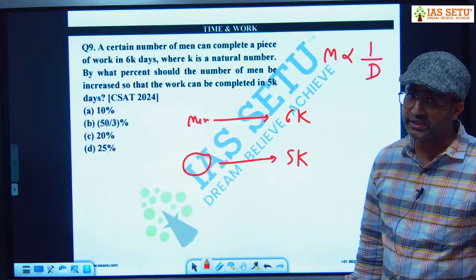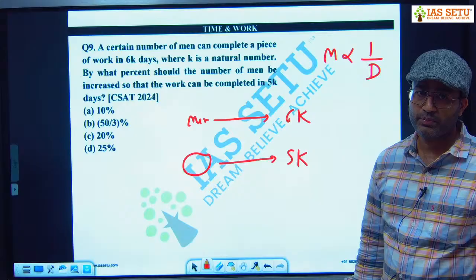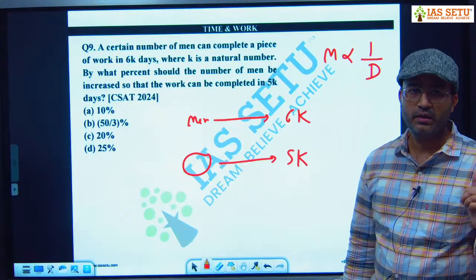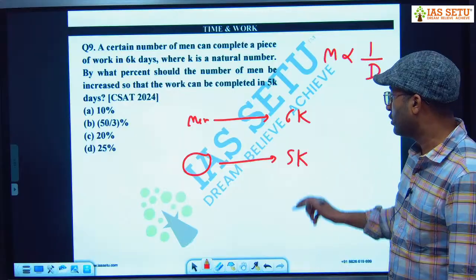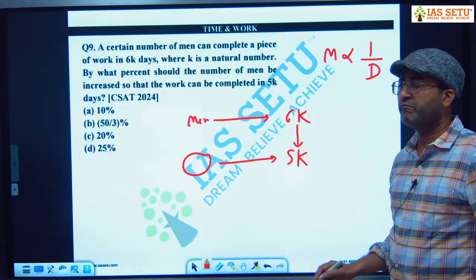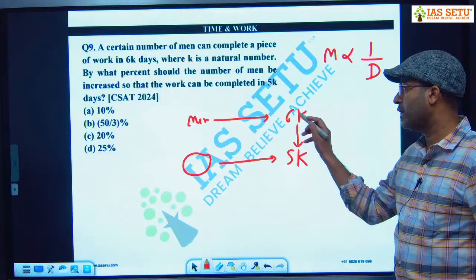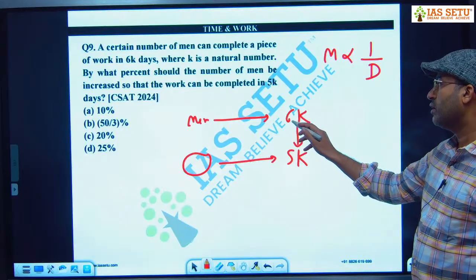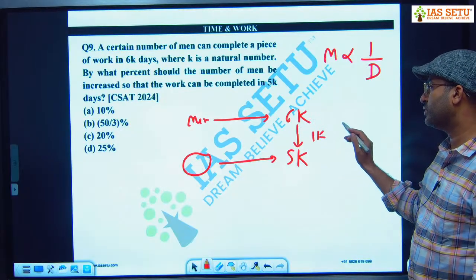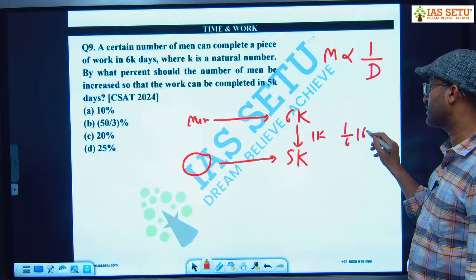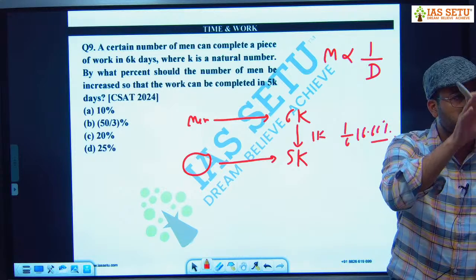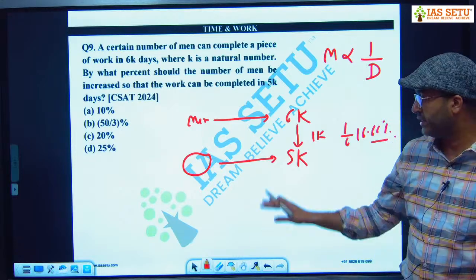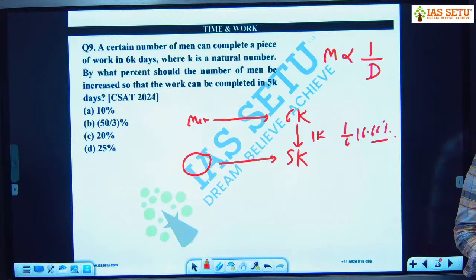You can use PCC. PCC याद है? Length increase, breadth decrease. ठीक है? So number of days decrease by 1k. And what is 1k? ठीक है? So here 1k upon 6k, 1 upon 6 is 16.66%. You want to take 16.66% less days. आपने days को 1/6 से घटा दिया.